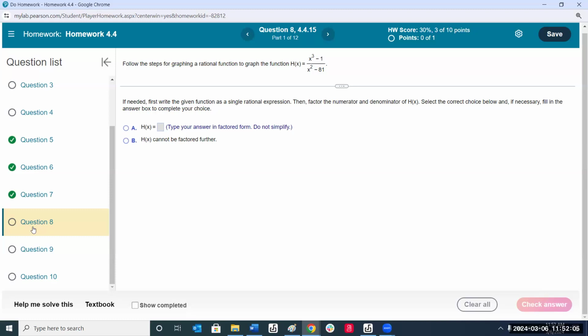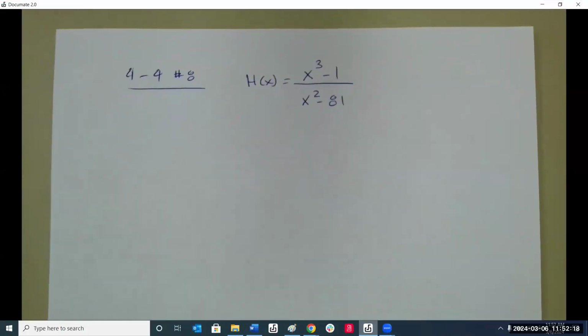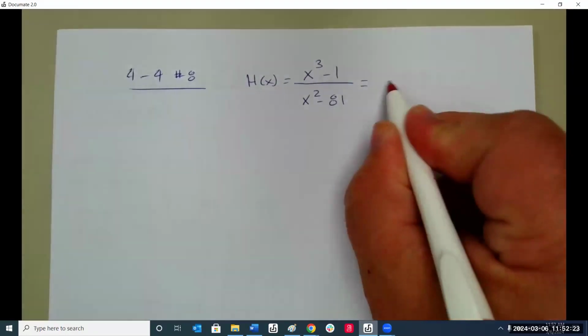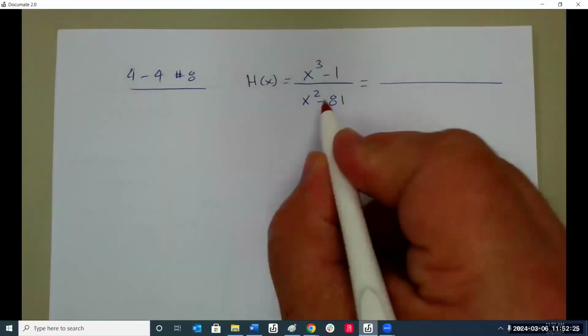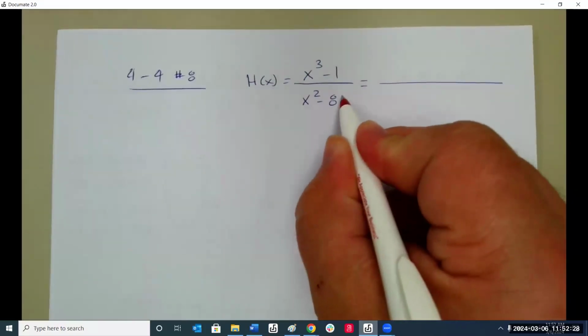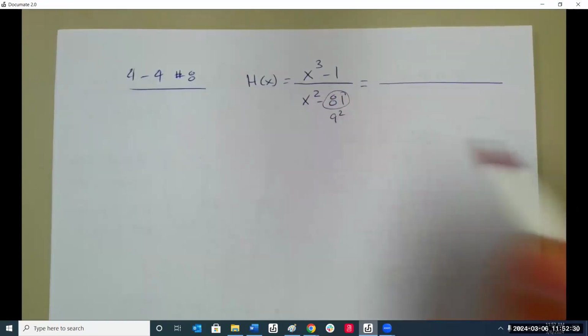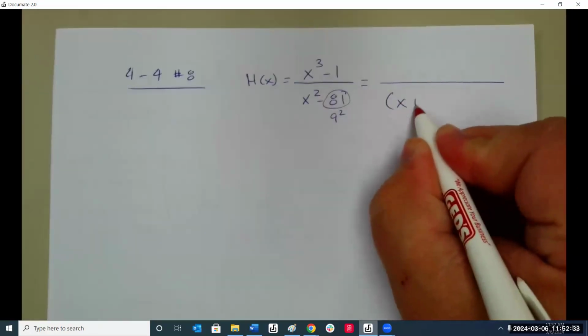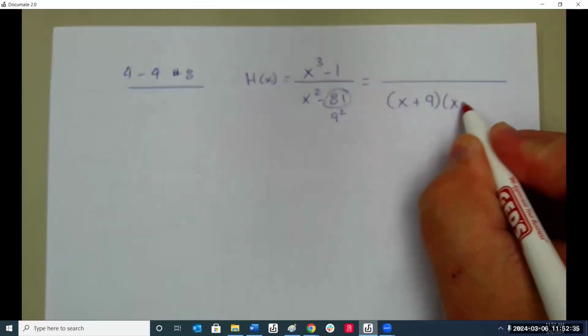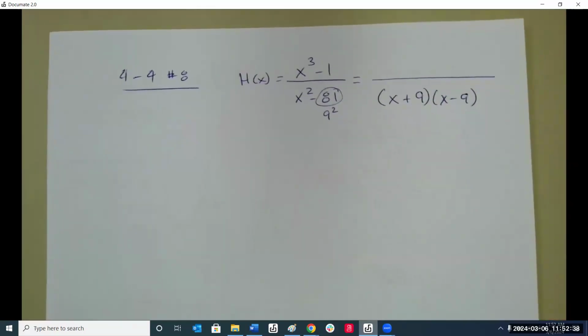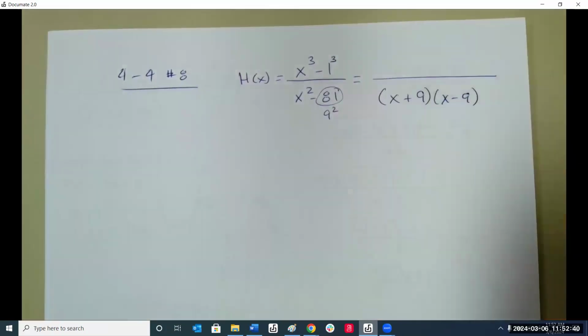H of x is equal to x cubed minus 1 over x squared minus 81. So how do we factor these? The bottom's pretty easy, because that's 9 squared, so it's x plus 9, x minus 9. And the top is easy also because it's the difference of two cubes.